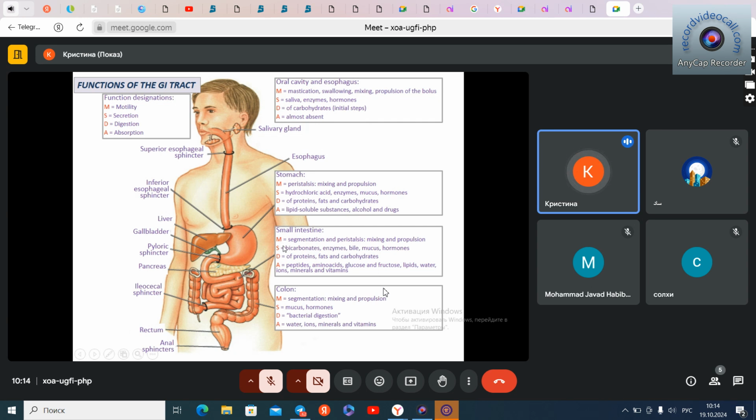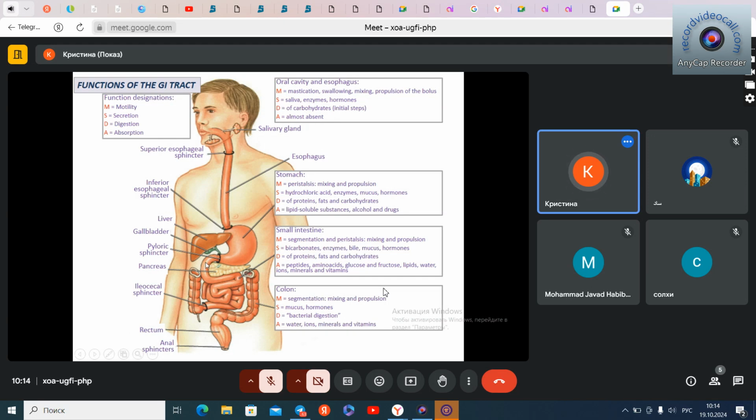In the small intestine, the function of motility includes segmentation and peristalsis, mixing and propulsion of the bolus. Secretion of bicarbonates, which neutralize the pH level of the food, because the food which came from the stomach has a very low pH level, and it can damage the epithelium of the small and large intestine.